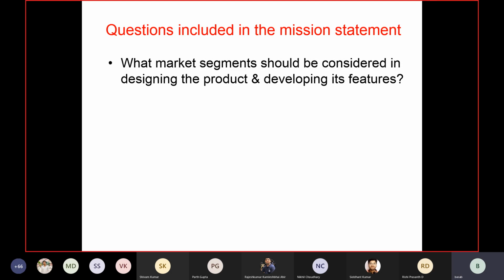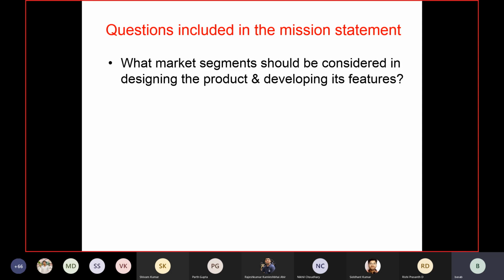When it enters the planning stage, then after the proper product planning, the output of product planning is a mission statement. Now mind you, the difference between idea statement and mission statement is, idea statement is a single sentence, mission statement is not. Although it's known as mission statement, it contains a series of statements.